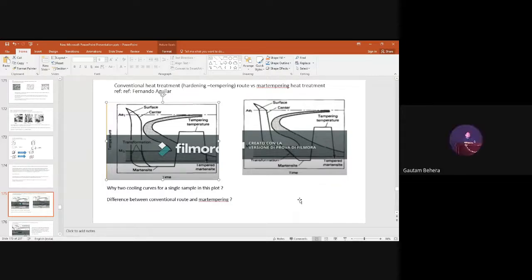Okay, Saloni, can you answer this one? Saloni Agarwal. Yes, sir. Can you differentiate this conventional heat treatment and this Martempering special heat treatment? What is the difference here? Sir, in this there is a single line and there is a double line.